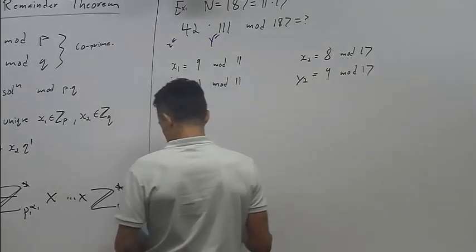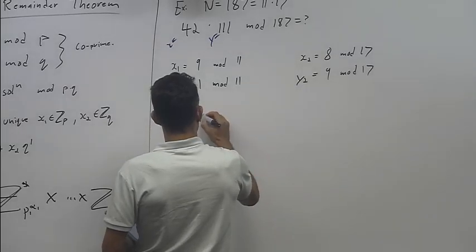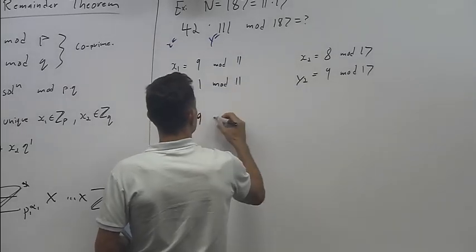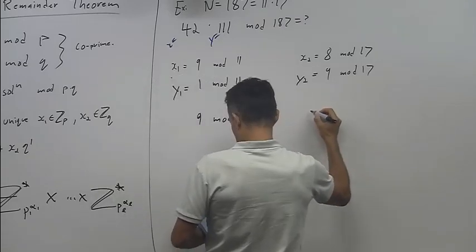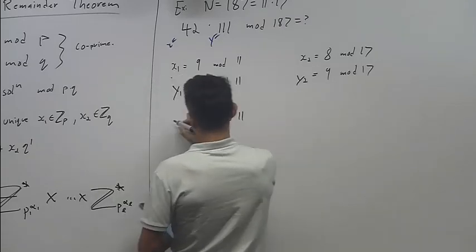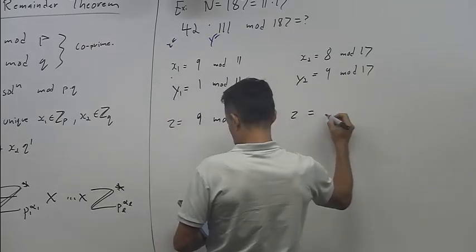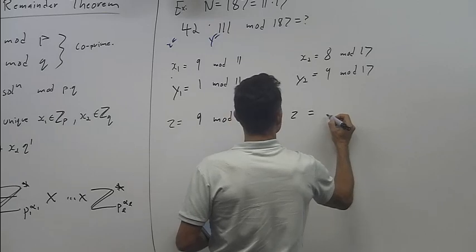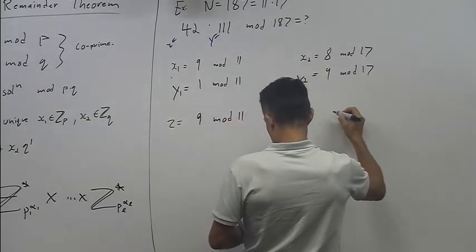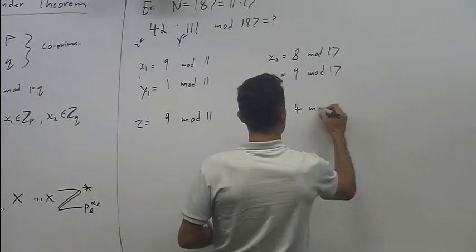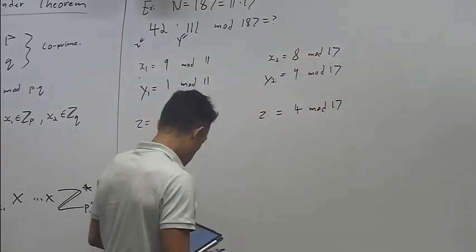And what we end up with is, we just multiply 1 by 9, mod 11, and call this Z, and this ends up being 4 mod 17. Again, feel free to check my math here.